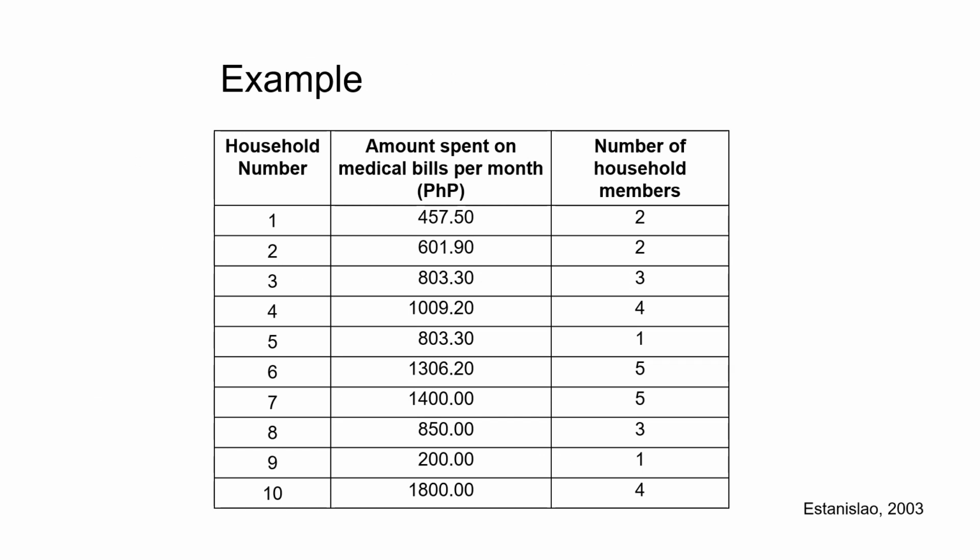This is an example of using linear regression technique on data regarding the amount spent on medical bills per month and the number of household members of 10 randomly selected households in Laguna. Is there a relationship between household size and medical expenditure? What is the expected medical expenditure for a household size of 8?